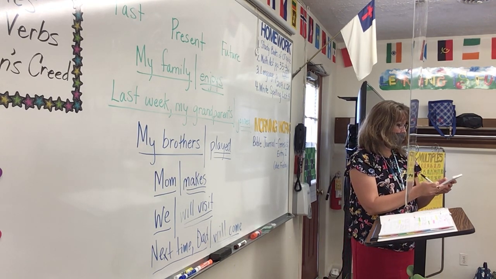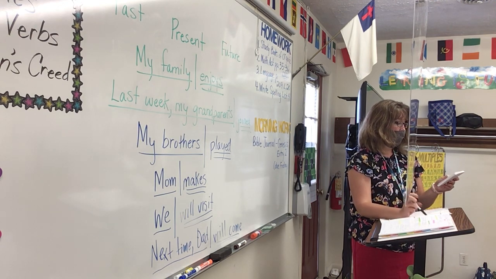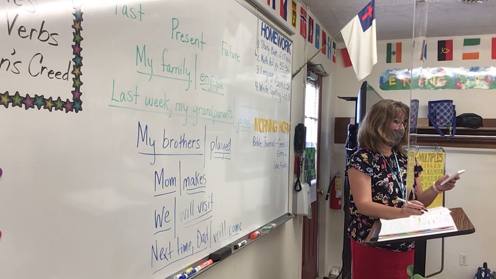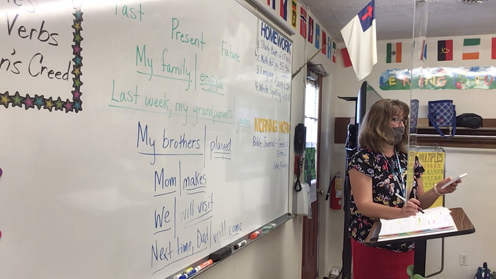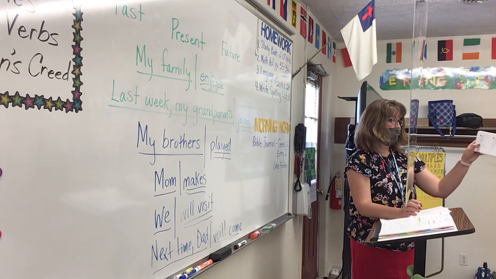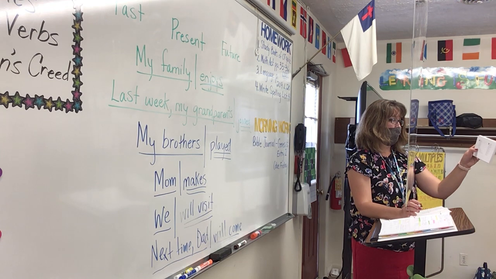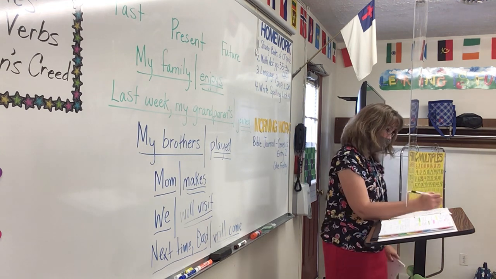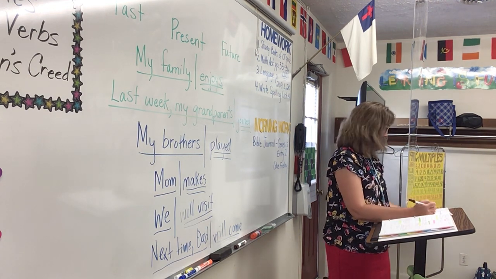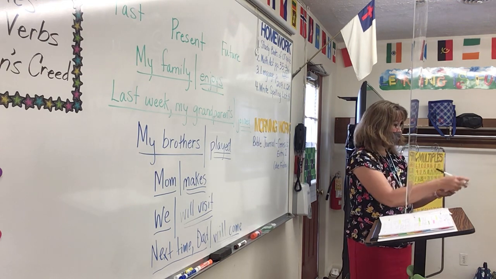Okay. 6 plus 7 minus 4 plus 2 minus 9 equals. 2. Who said that? Who said 2 first? I never said it. I wasn't sure if it was Micah or Lucas.